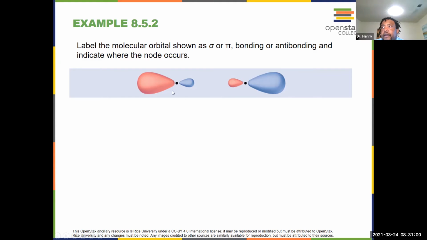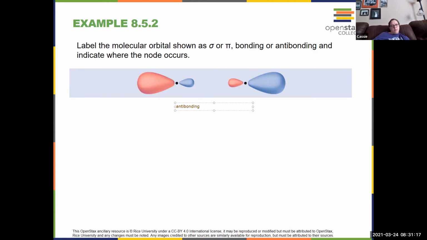So is this a bonding or anti-bonding? The way it looks, it would be anti, because they're out of phase. That is correct. So this guy is anti-bonding. Is it a sigma anti-bonding? Wouldn't it be pi at that point?